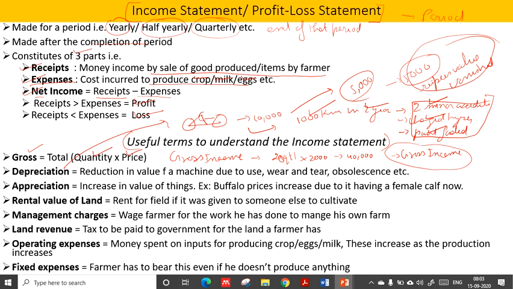Depreciation is a reduction in value of a machine, that can be a tractor, any kind of implement, due to its use, wear and tear, and obsolescence, which means it is now old technology. Okay, let's say you are using a tractor of a very old model of 2000. Its fuel consumption was very high.